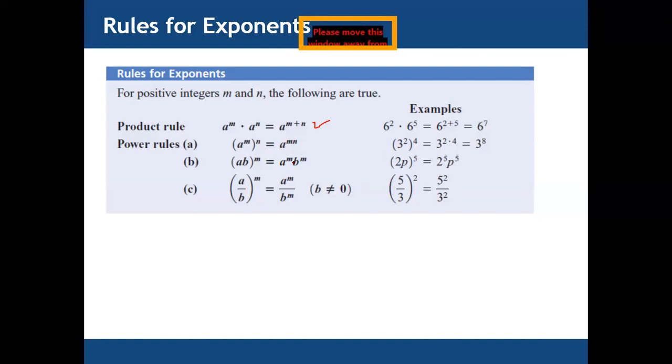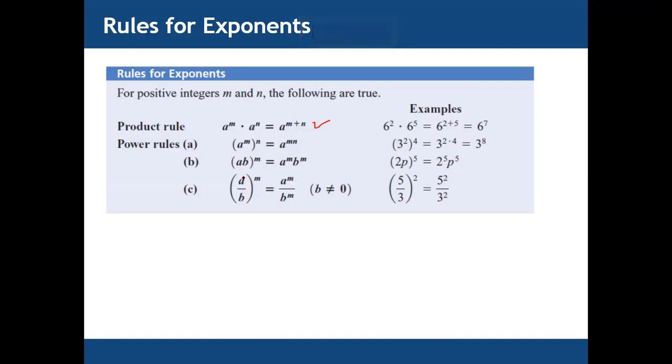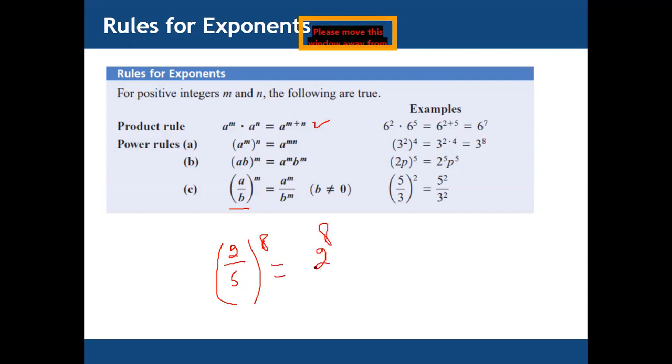Then we have the expanded rule for product: when we have two or three numbers in multiplication having the same power, a multiplied with b whole power m, you can write separately a power m and b power m. Next, in quotient form, when we have two numbers in division having the same power, such as 2 divided by 5 whole power 8, you can write 2 power 8 and 5 power 8. This is the quotient rule for division.